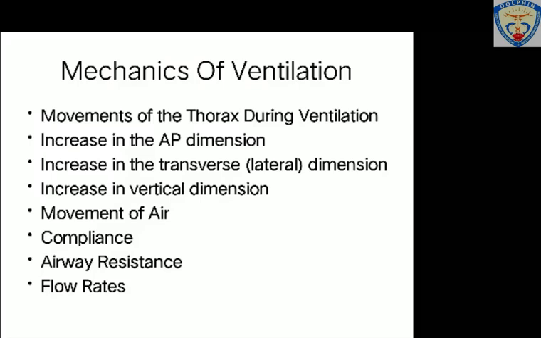Next is the compliance. Compliance means the distensibility of the tissue or how easily the lungs inflate during the inspiration. Normally, lungs are highly distensible, means they are highly compliant, but the compliance changes with age and the presence of disease.